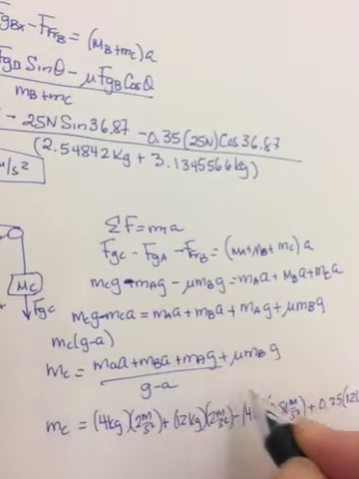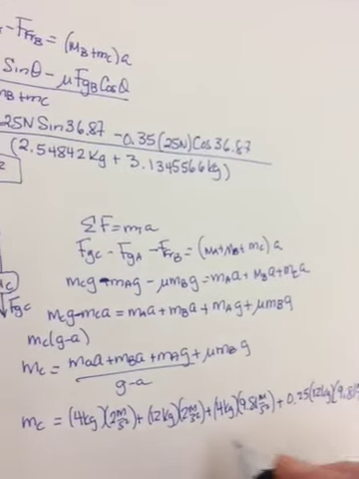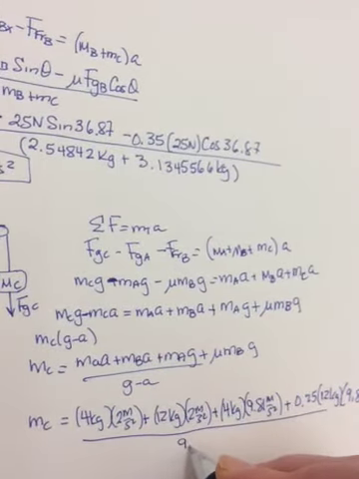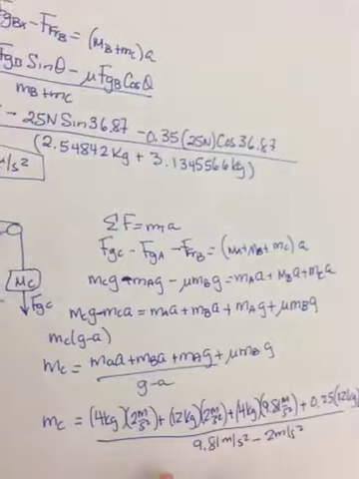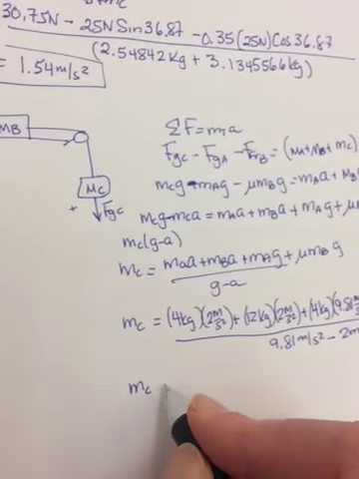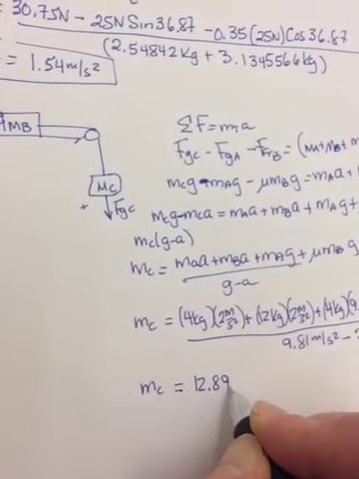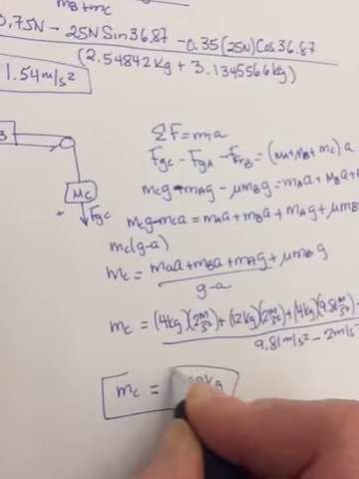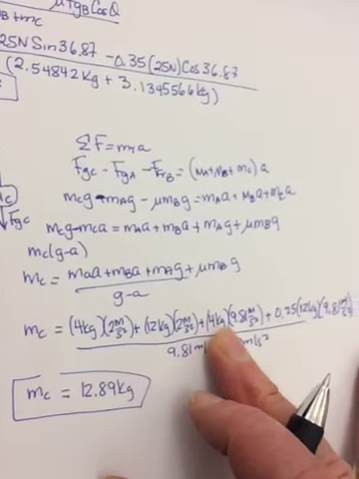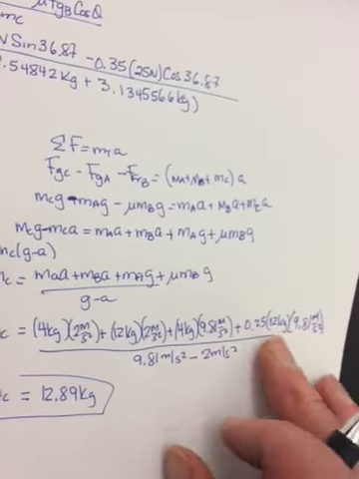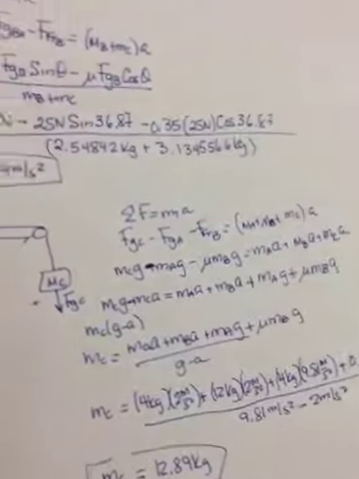So that's a positive, that's a positive, that's a positive. Sorry about that. There we go. And then divided by 9.81 meters per second squared minus 2 meters per second squared. And if you're good, you should get an MC of 12.89 kilograms. Okay, I'm going to go with 12.